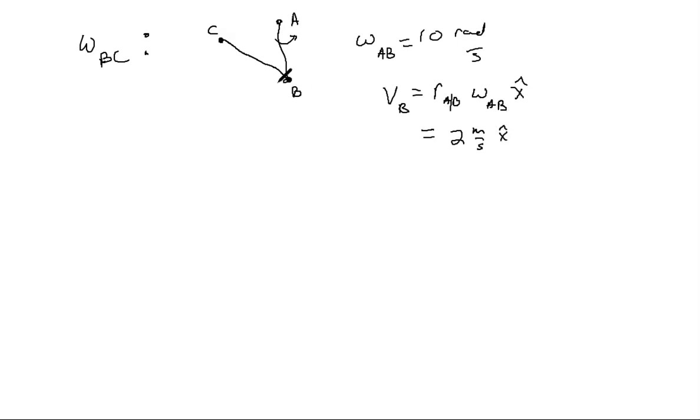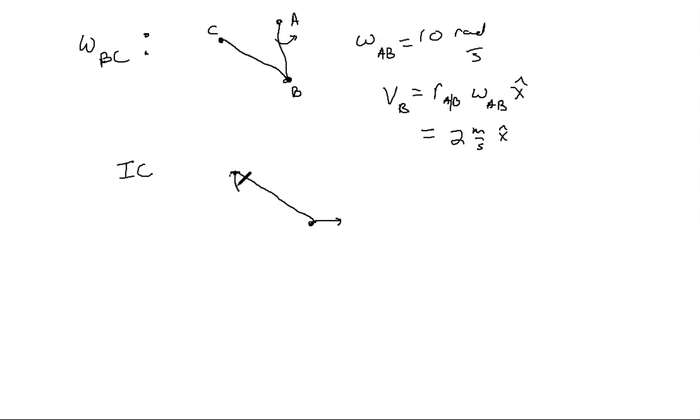So I know the velocity of point B, and then what I want to do is find the instantaneous center for link BC. So let's see, here's C, here's B. I know that B is moving this way.